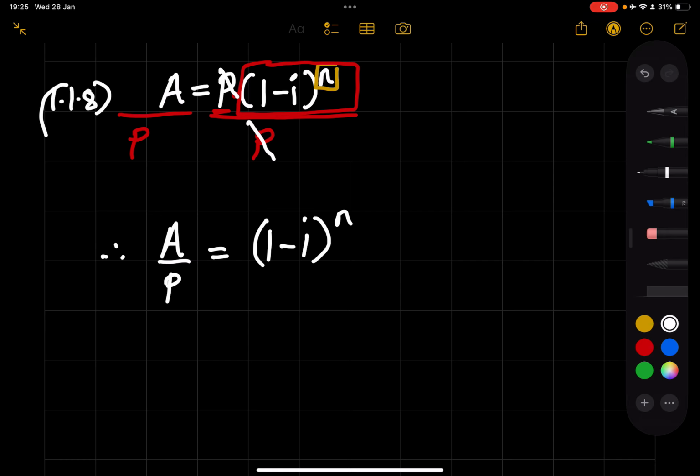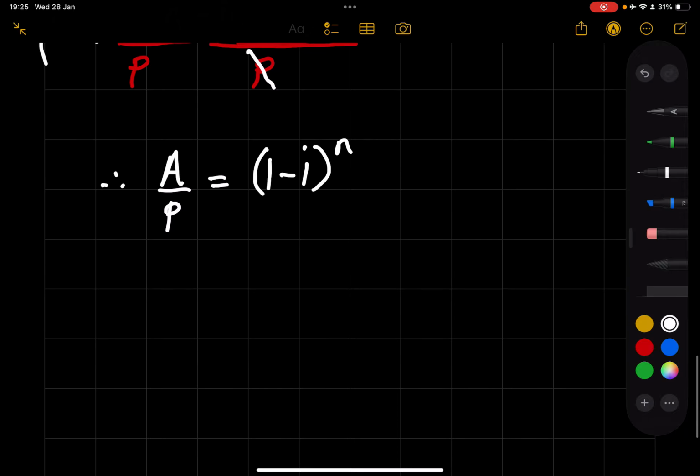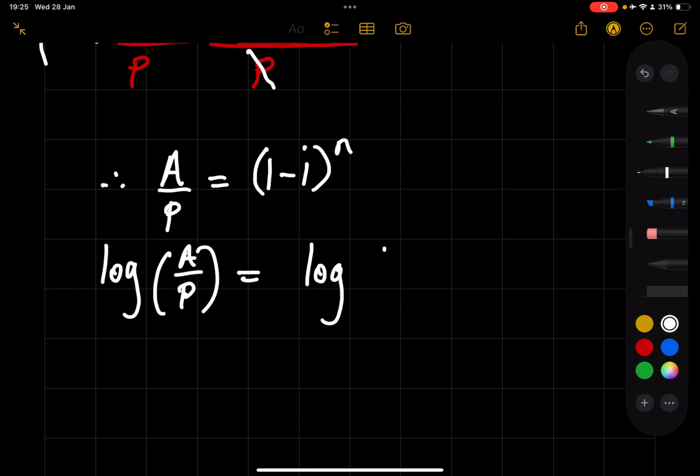Alright, since n is an exponent, we have to apply logarithms to bring it down. So we are going to apply logarithms to both sides. So we're going to have log of A over P is the same as log of (1 minus i) all to the power of n.